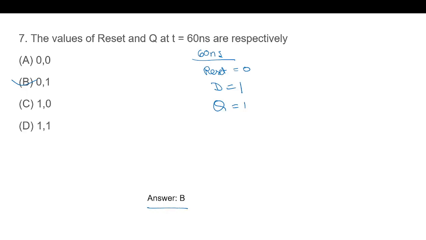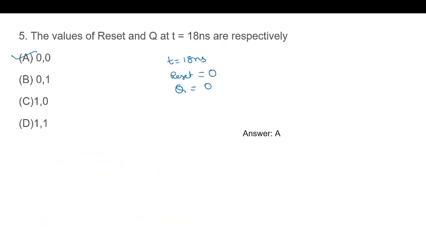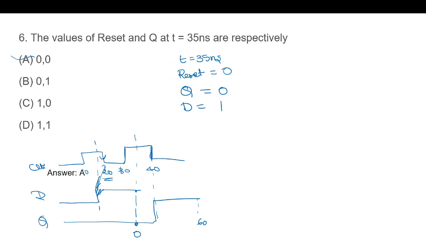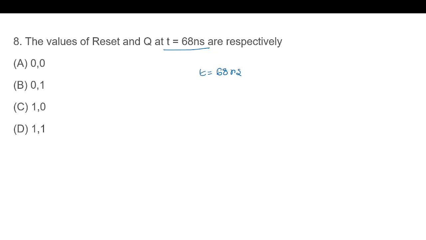So option B. The same way at the 68 nanosecond, you can see at this point reset is 1. My reset is 1. Still Q is 1. So 1.